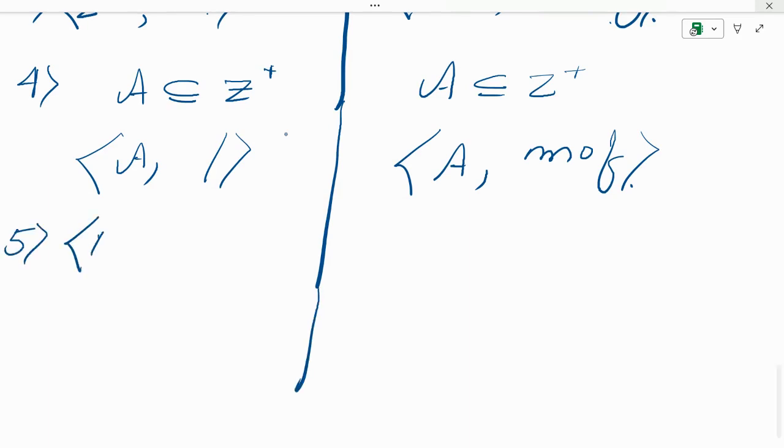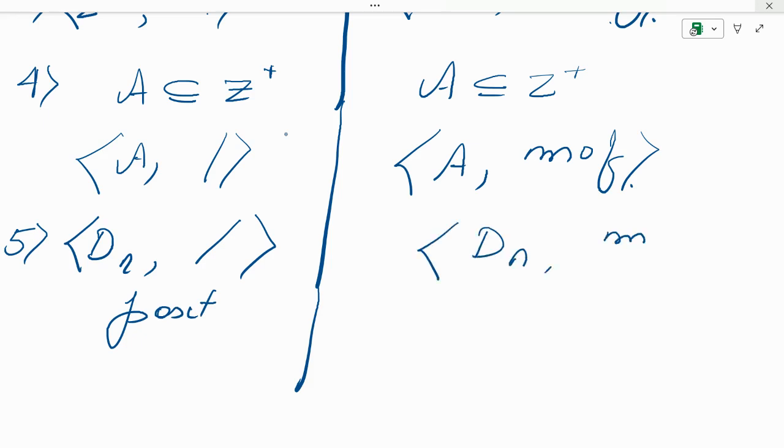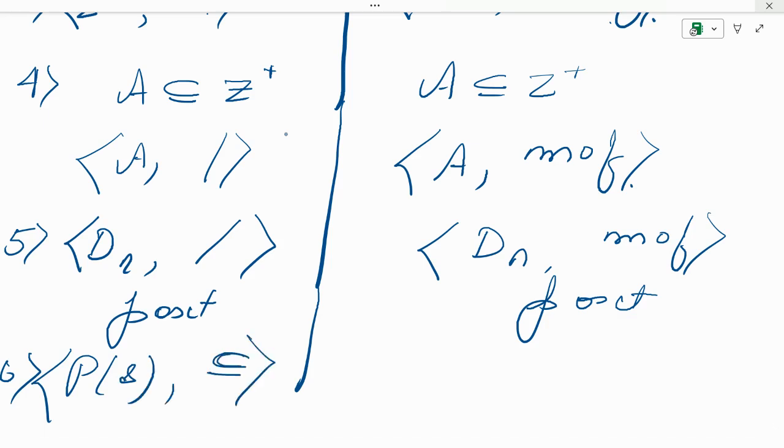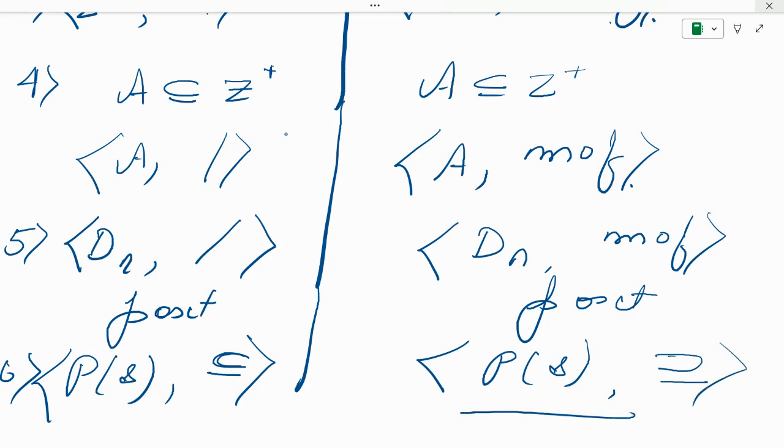If Dn with division is a poset, then Dn with multiple of is also a poset. Similarly, with the power set: if the power set of S with the subset operation is a poset, then the power set with the reverse operation is also a poset. These are the duals, and they are posets.